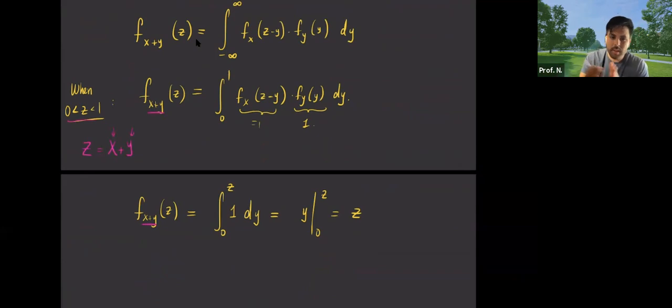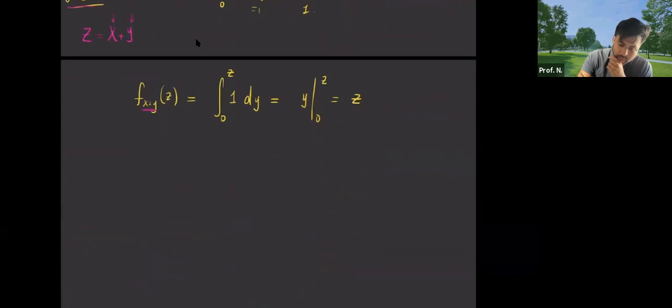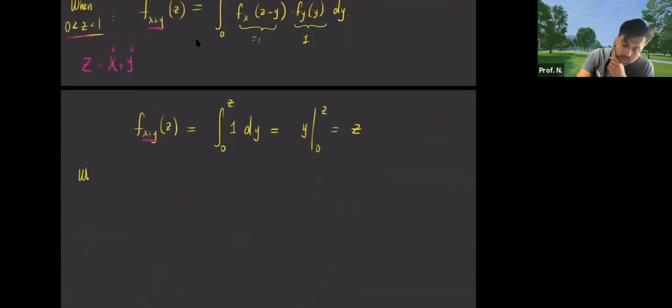That's the difference, you see? So then what happens when z is a bit more than 1 but less than 2? That's the problem here.